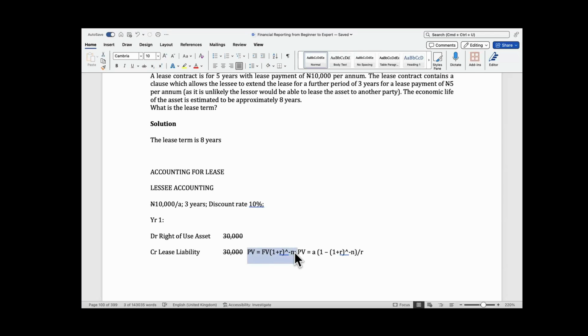Say you want to pay 100,000 in 20 years, and you are asked to get the present value of that 100,000. That one is straightforward; N will just become 20. Or you want to pay 50,000 in 5 years' time. What's the present value of that 50,000 today? It's still the same formula, and N will just be 5.